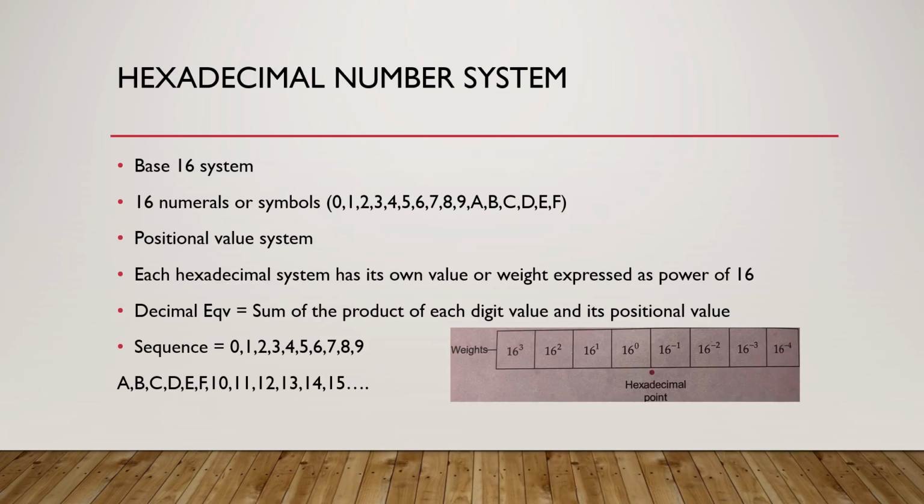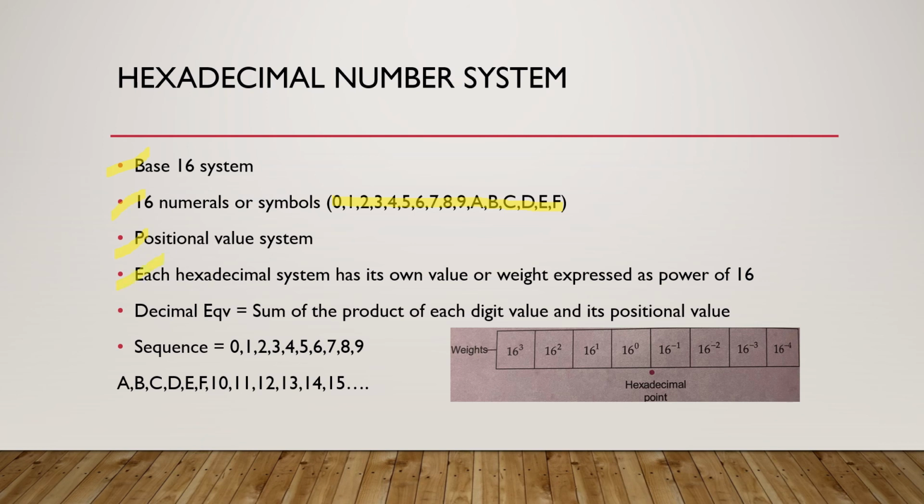The hexadecimal system uses base 16. It has 16 possible digit symbols. The digits are 0 to 9 plus the letters A, B, C, D, E and F. The hexadecimal system is also a positional value system like the other systems we discussed before. It has its own value or weight expressed as powers of 16.